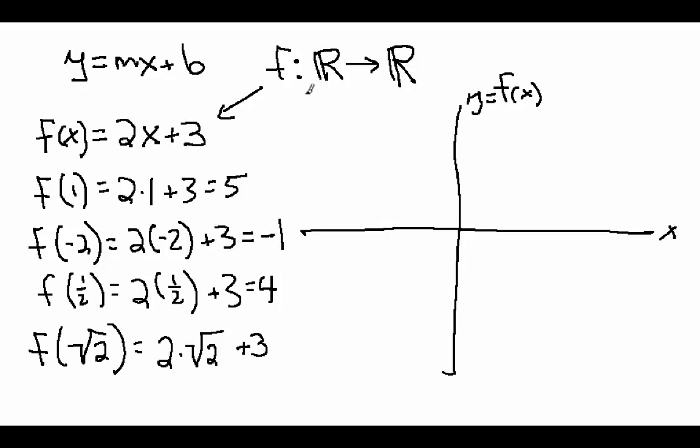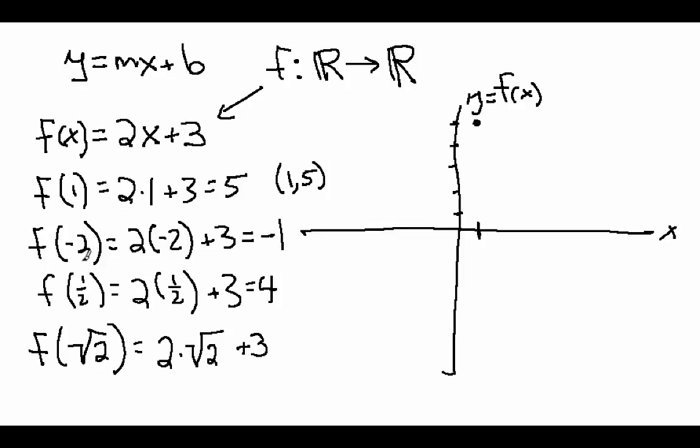This would be a way to actually draw a picture of this. So in this case, we saw that the number 1 went to the number 5. So that corresponds to the point 1, 5. And if this is 1 right there, we have 1, 2, 3, 4, 5. That's a point on our line.